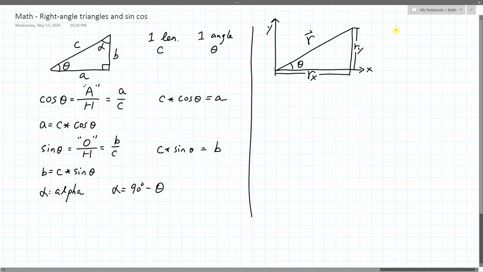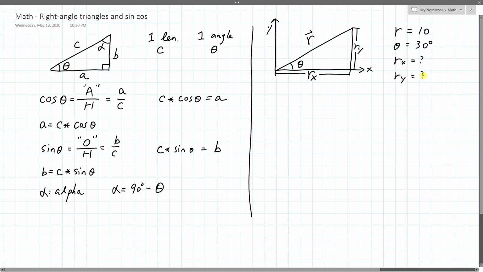So we'll have some values, say R is equal to 10, just made it up, and theta equals, say, 30 degrees. All right. So our goal is to find Rx and also Ry.